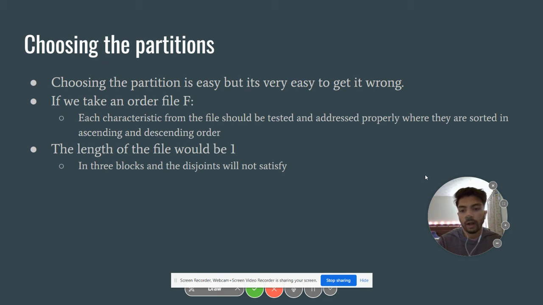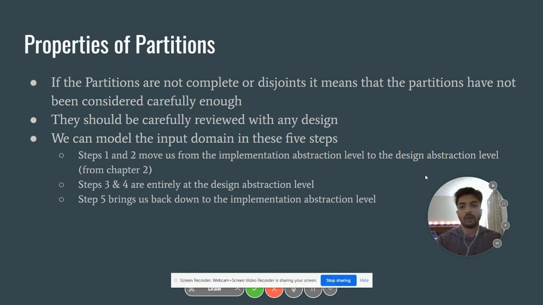The length of the file would be 1, and in these 3 blocks, the disjointness will not be satisfied. So regarding properties of partitions, if the partitions are not complete or disjoint, the partitions have not been considered carefully enough, so we have to make sure they are considered carefully in order to make sure the partitions are complete.